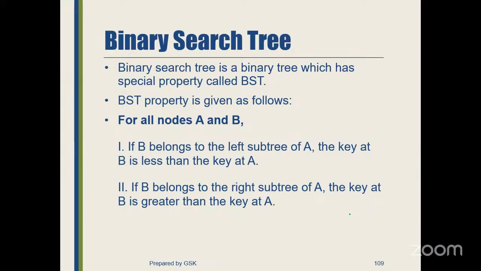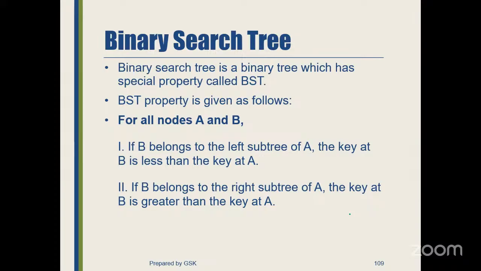For all the nodes A and B, if B belongs to the left subtree of A, the key at B is less than the key at A. And the second rule is, if B belongs to the right subtree of A, the key at B is greater than the key at A. Very simple.